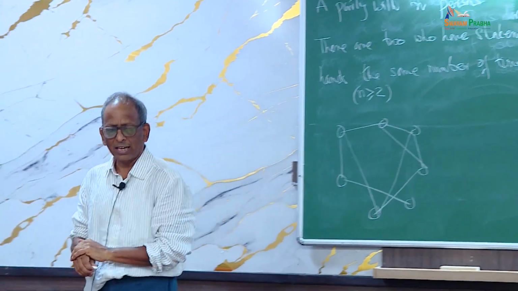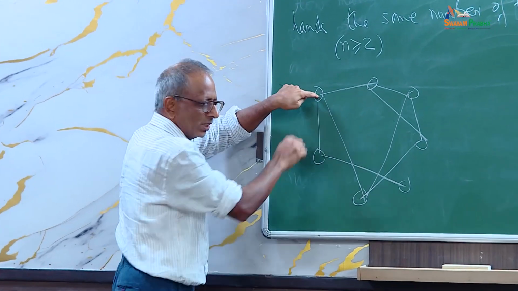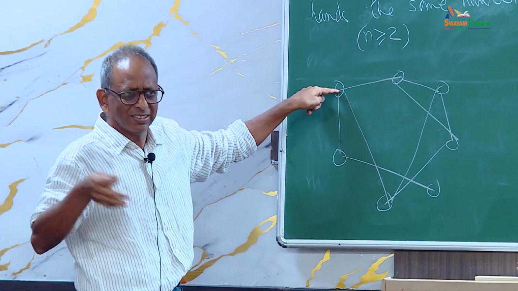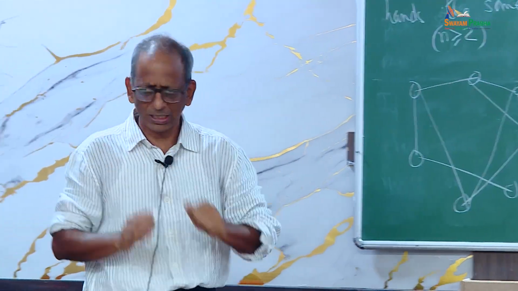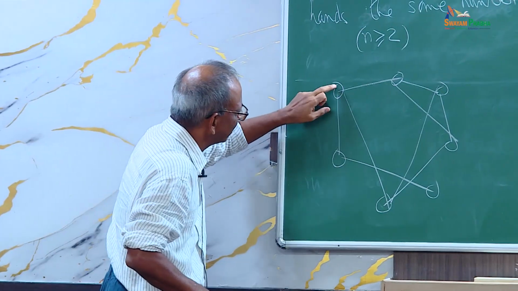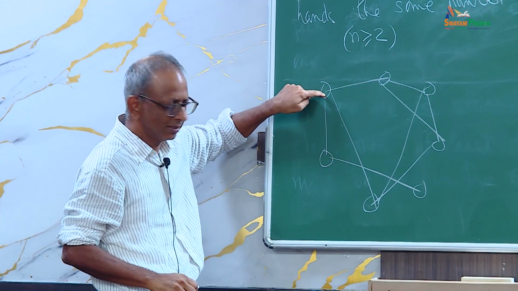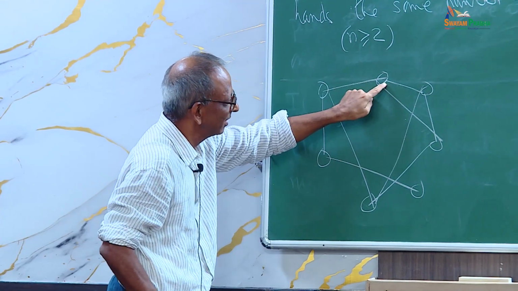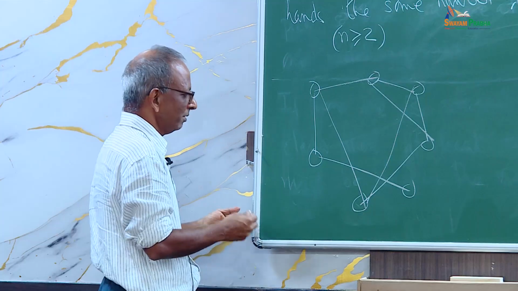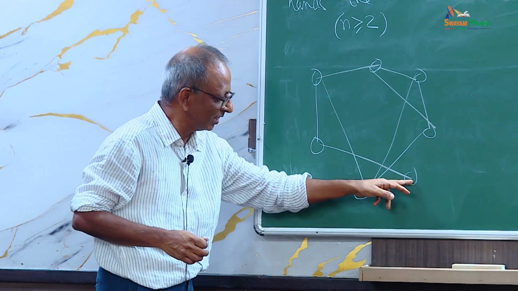The number of edges coming out of a vertex is called the degree of the vertex. Now, here, this person has shaken hands how many times? 3 times. And this person? 3 times. This is 2, and this is just 1.